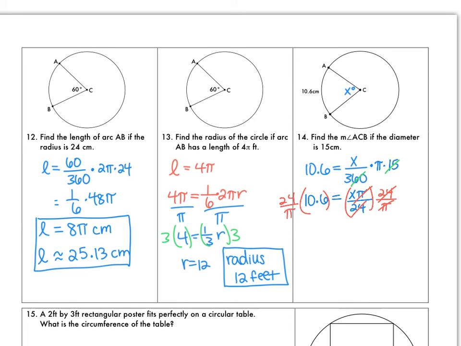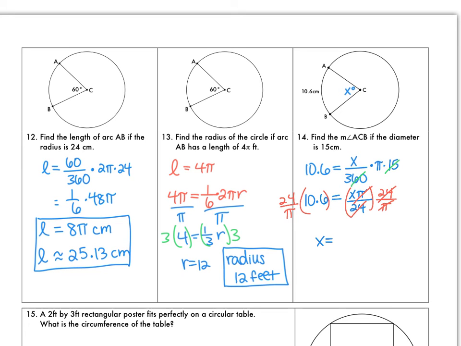We're left with x. So x is equal to, actually I don't want an exact answer here, because it's got pi and we're looking for an angle. So we do 24 times 10.6, which is 254.4, and divide that by pi. We get 80.978.